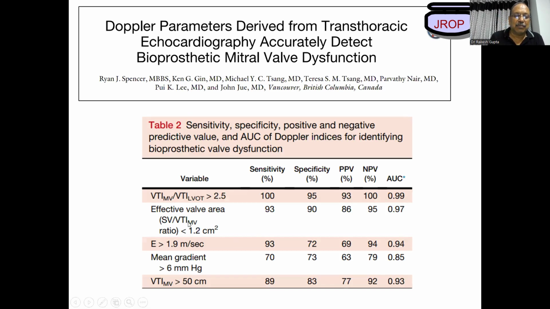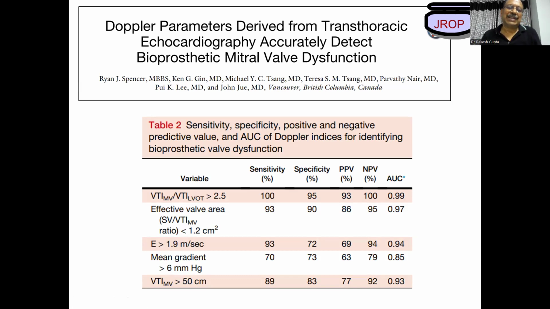And there are a few more values, like the E wave, the mean gradient, then the velocity time integral of the mitral valve. We also take a few more parameters: stroke volume across the mitral valve, the velocity time integral at the mitral valve, then the velocity time integral of the mitral valve versus the LVOT. So these are a few more parameters being taken as of today.